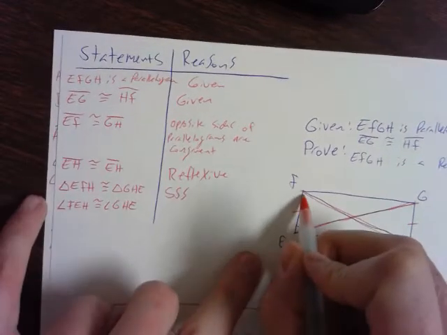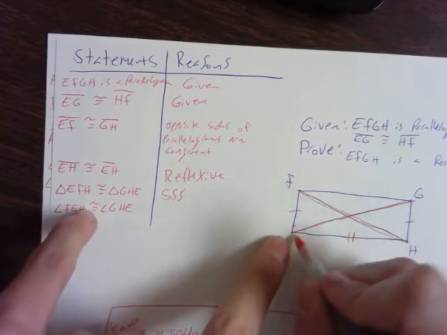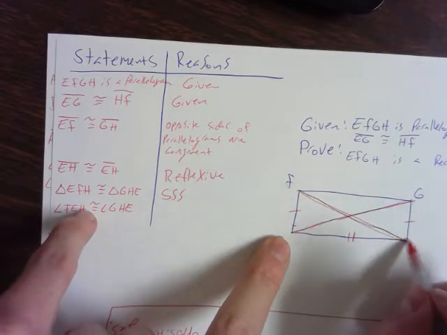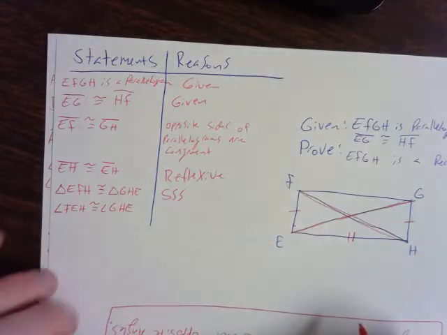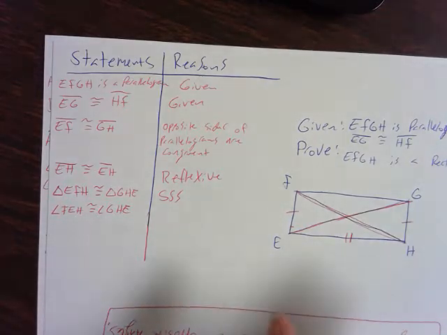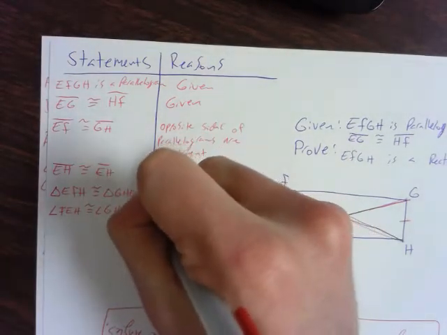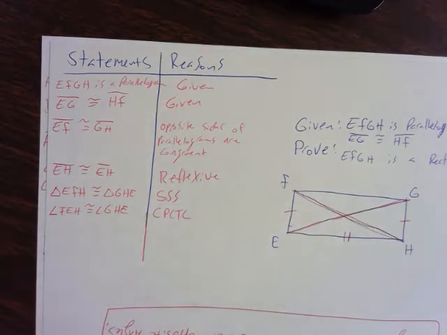And if you think about it, that's sort of the bottom corner of my two distinct triangles. I have this triangle there, so it's the bottom corner. I have this triangle there, that's that bottom corner. Okay, and so I'm going to say that those are congruent because of my CPCTC, or congruent parts of congruent triangles are congruent.